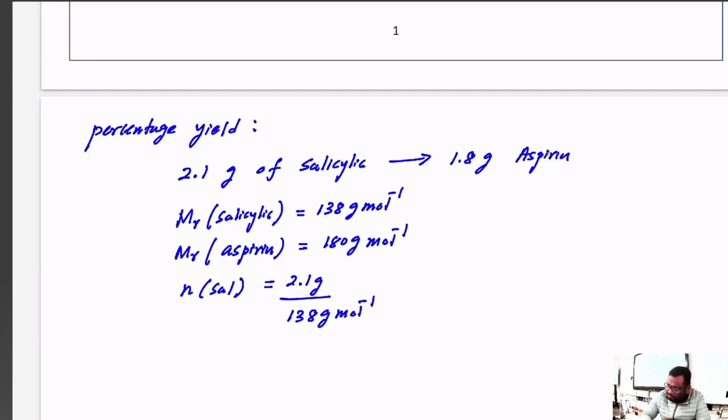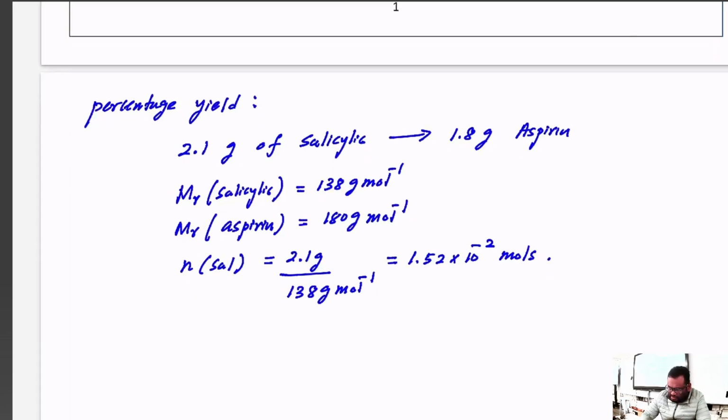That gives 1.52 times 10 to the power minus 2 moles. Now, what would be the theoretical yield of aspirin?